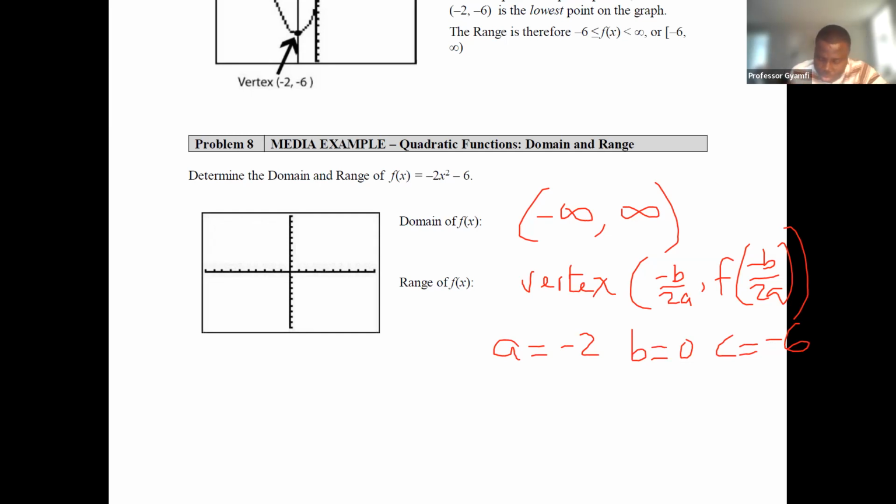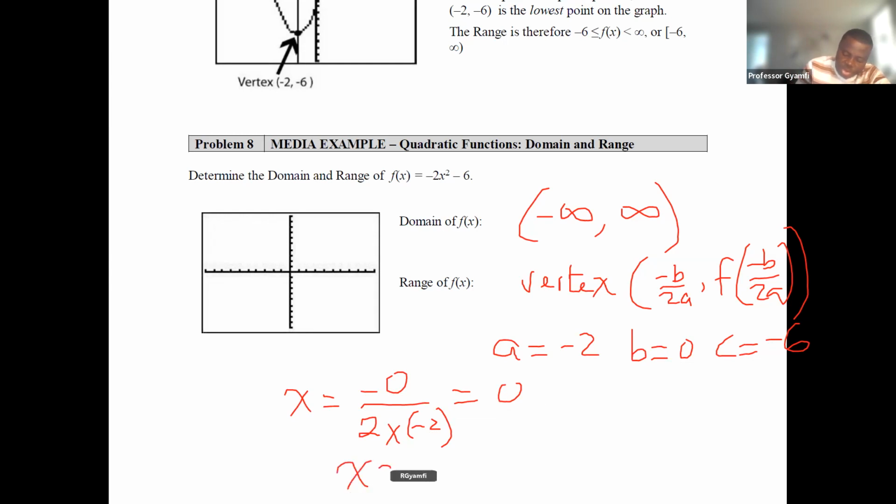All right. So, my x value of the vertex is going to be negative b. What is b? 0. Negative 0, which is 0. 2a, 2 times, what is a? Negative 2. By this point, you know you're going to get a 0. So x is 0. Now I'm going to put x equals 0 into the function.